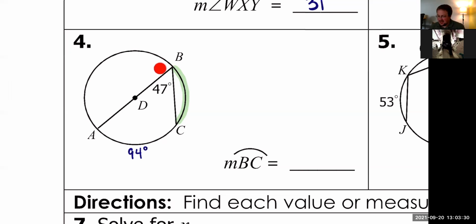What can you tell me about segment AB? It's a diameter, which means that arc ACB is a semicircle, which equals 180 degrees. We know where 94 of it is. So if we take that out of the 180, what's left is our BC. And you said it was 86? Good.